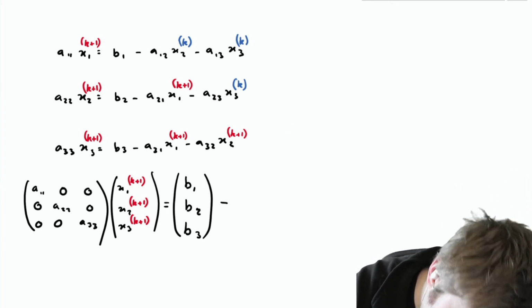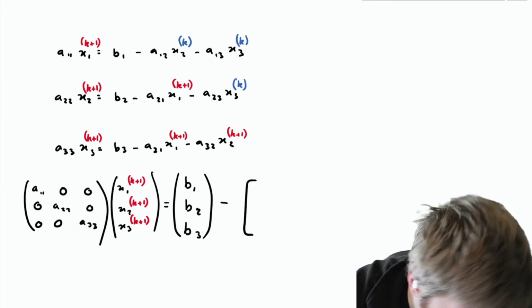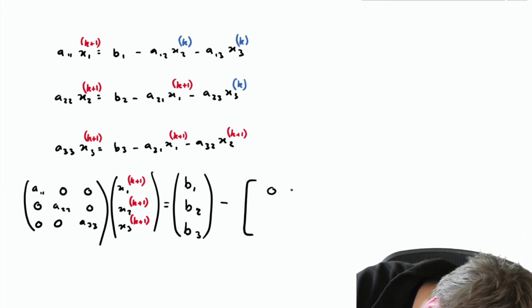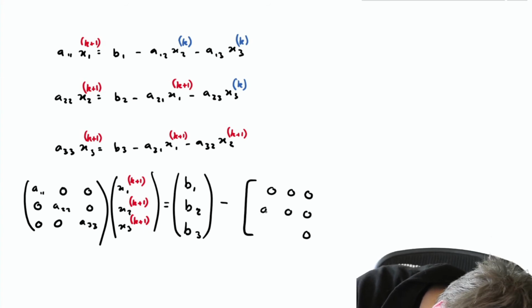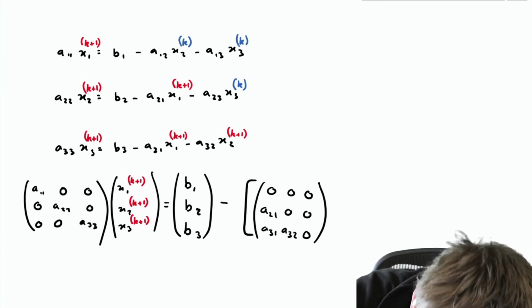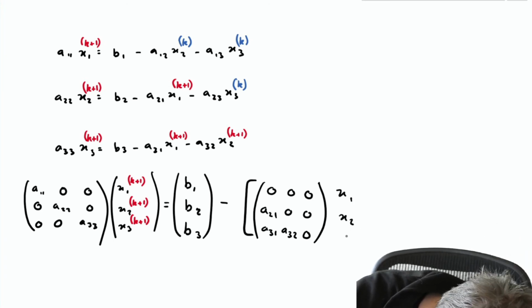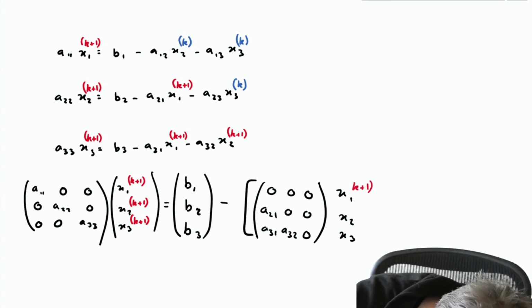So this is going to be my lower triangular matrix, so 0, 0, 0, 0, 0, 0, but with A2,1, A3,1, and A3,2, times my x values at the k+1th step, so x1, x2, and x3, all found at the k+1th step.